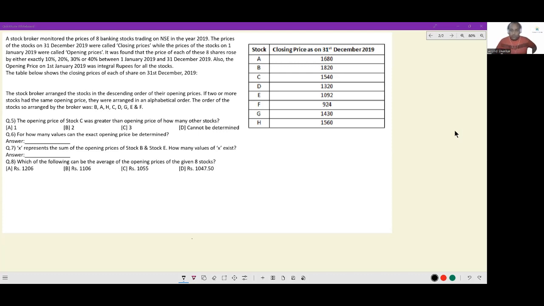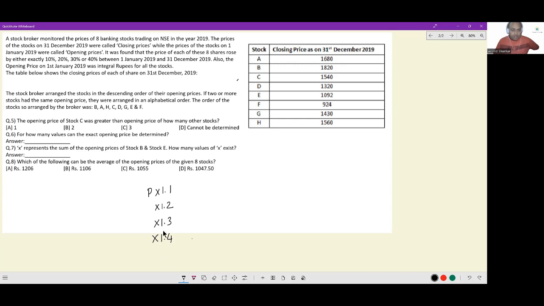So if the prices were integral and they have risen by 10% or 20% or 30% or 40%, the initial price has either been multiplied by 1.1 or 1.2 or 1.3 or 1.4. Whatever the initial price was, it has been multiplied by one of these numbers.